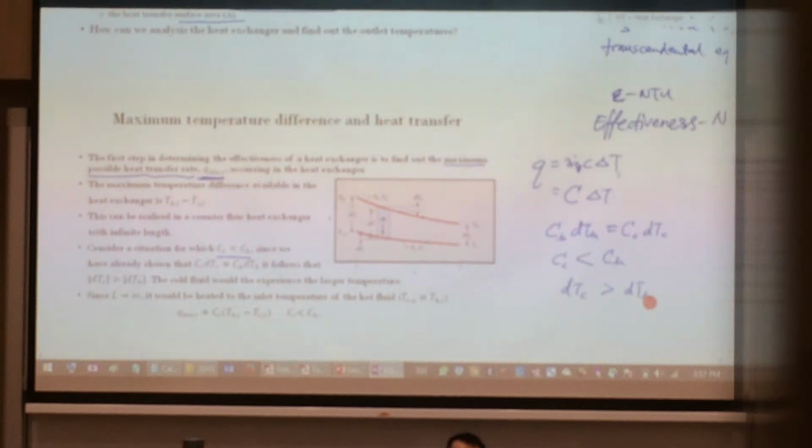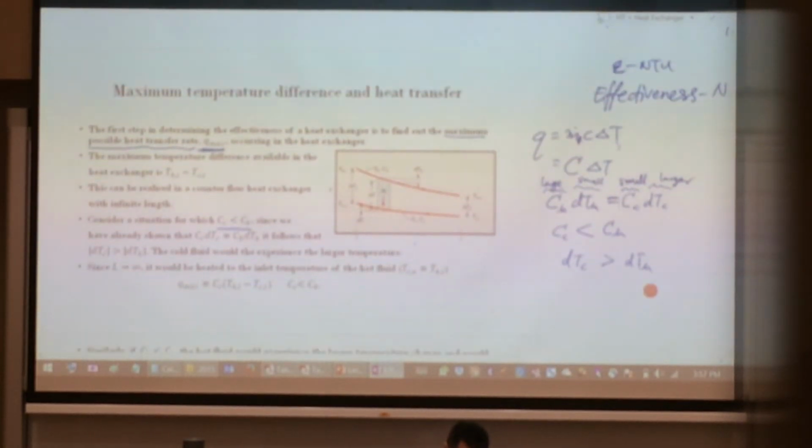Did you see that? If I say that this is smaller than that, then this must be larger than that one. So it's sort of like this is small, and if this is larger, correspondingly this one must be small and that one must be larger, in order for them to be equal to each other. Okay? It must be that way.